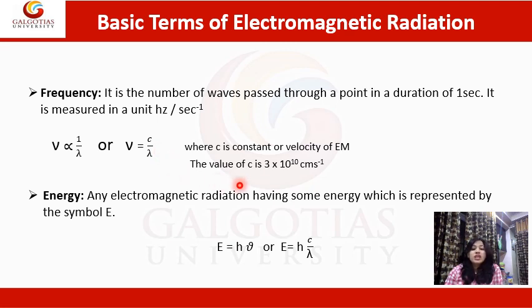The value of c is 3 into 10 raised to power 10 centimeter per second. And last is energy. Any electromagnetic radiation has some energy, which is represented by the symbol E. The formula of the energy is h nu, or E is equal to h c by lambda.